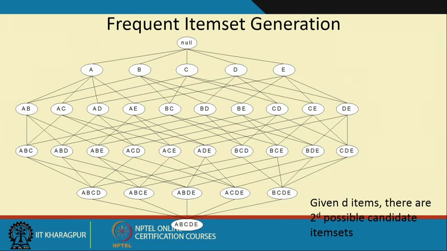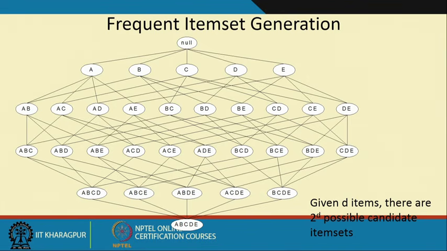So, basically, suppose there are 5 items available for sale in the store, a customer can buy any of these combinations. A customer can buy all 5 items, 4 out of these 5 items, 3 out of these 5 items, 2 out of these 5 items and so on.